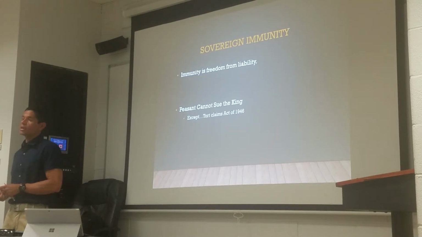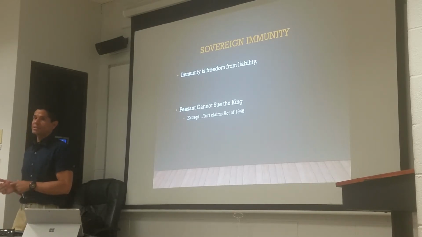This usually only covers the government. It's the notion that one cannot sue the government unless the government gives you permission to do so. So the government has sovereign immunity, and you cannot sue the government unless they allow you to sue. I know it's a contradiction, but that's how our legal system works.